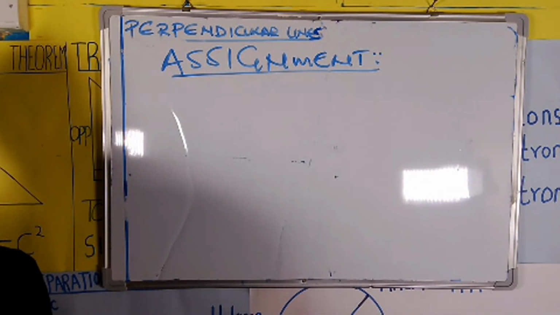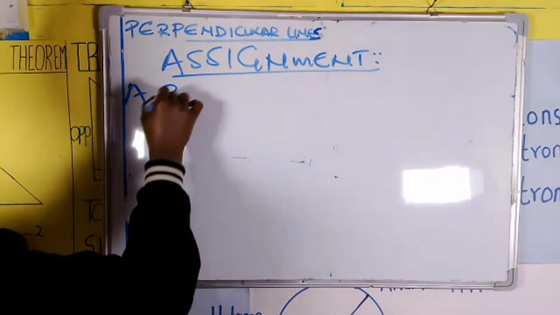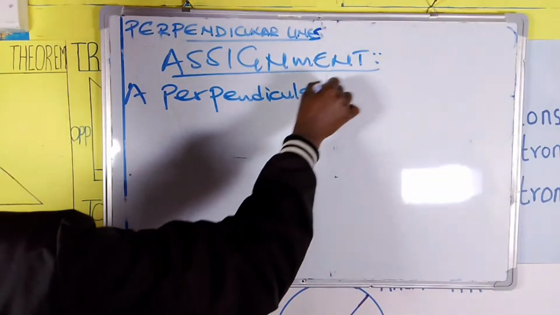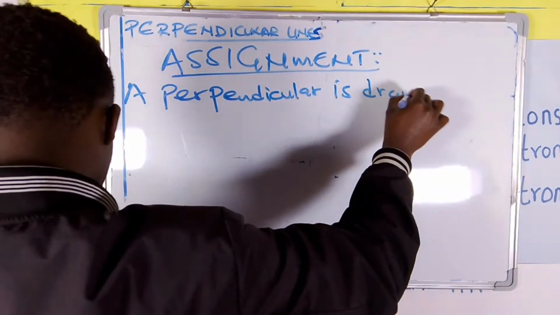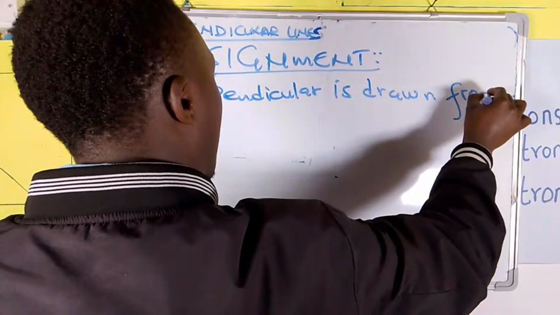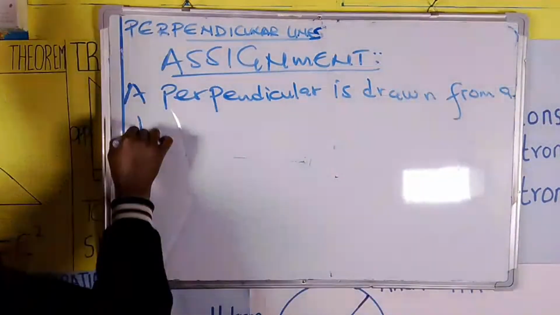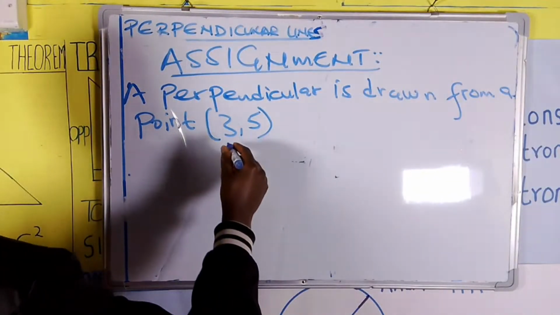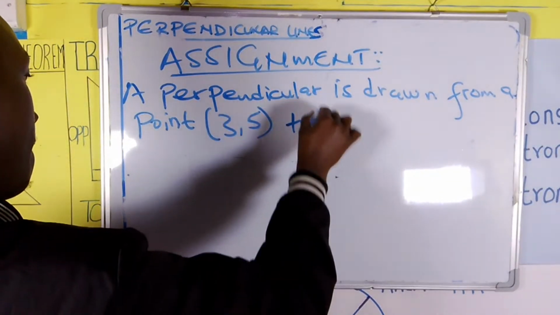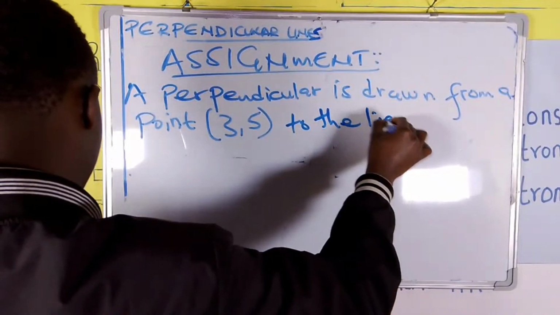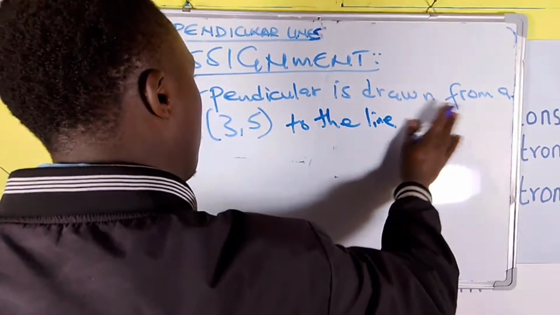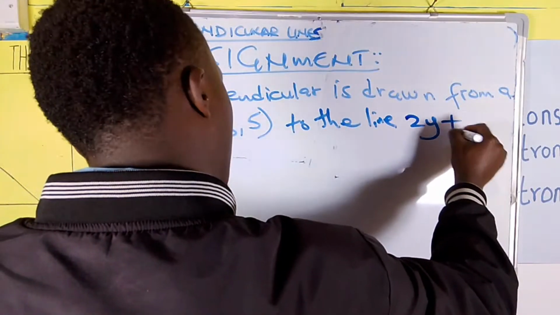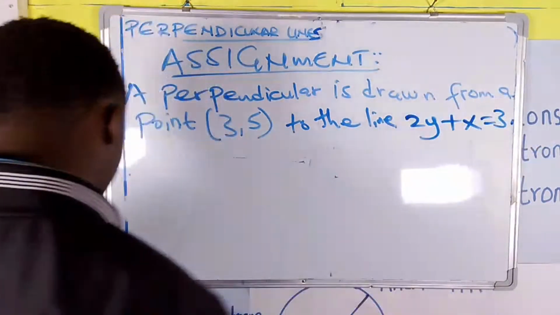Question 1: A perpendicular is drawn from a point (3, 5) to the line 2y + x = 3.